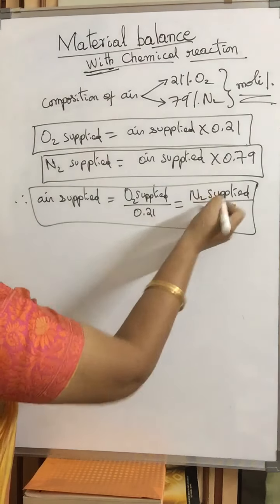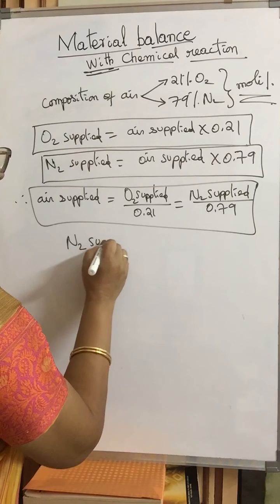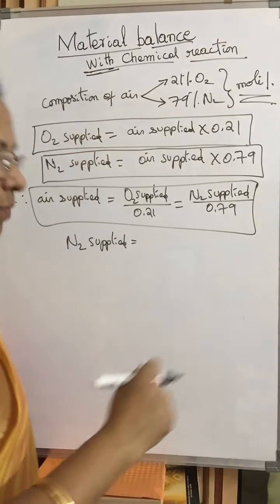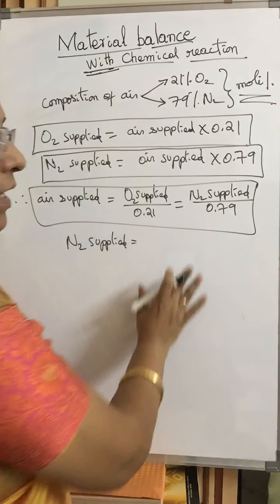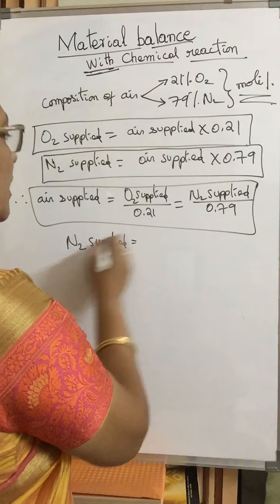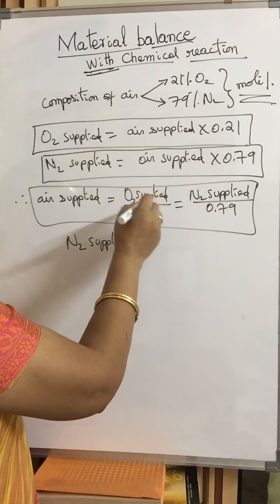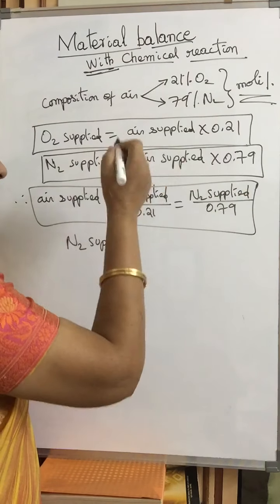Sometimes you can also use the equation for nitrogen supplied. It is required while working out big problems, so first we are writing how these small calculations could be done. Suppose you know the amount of oxygen supplied and want to calculate nitrogen supplied.